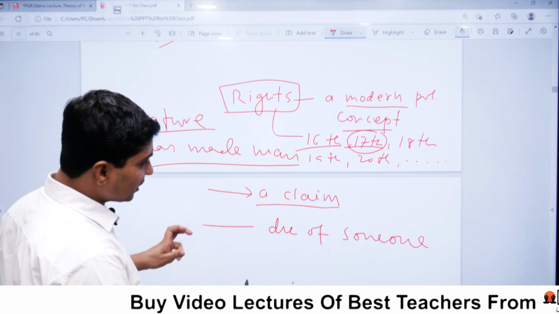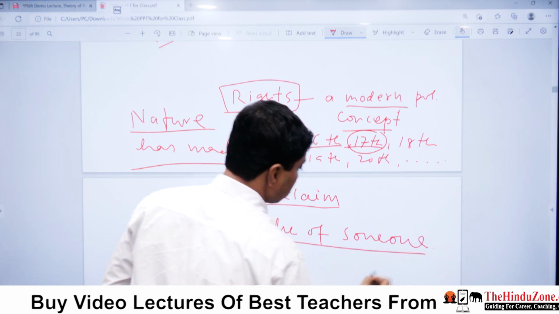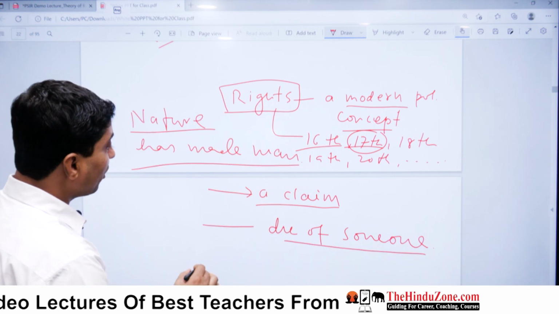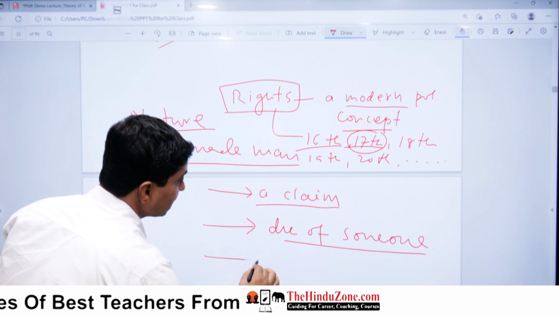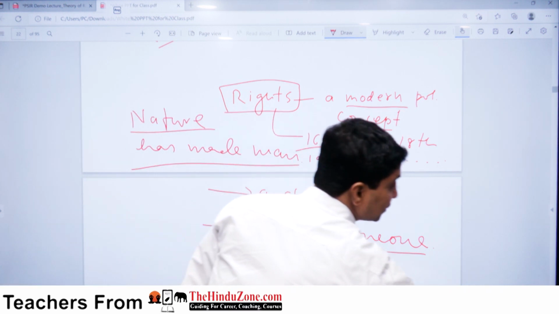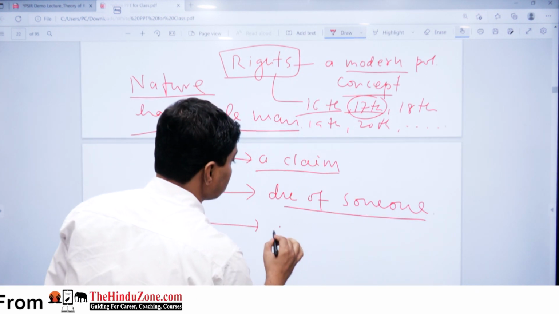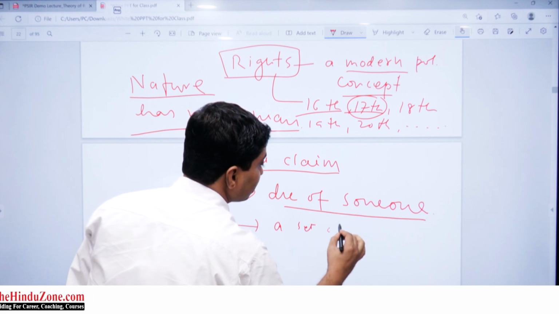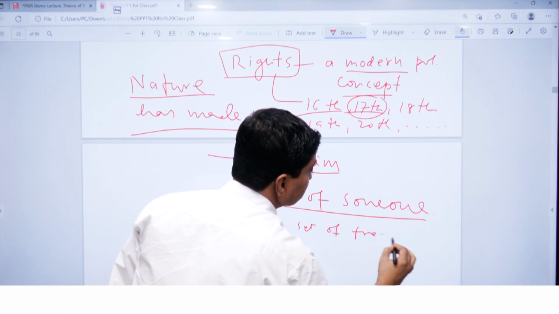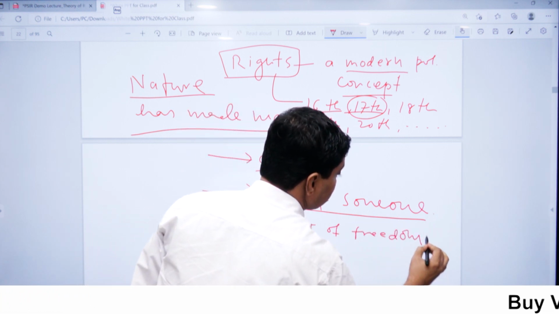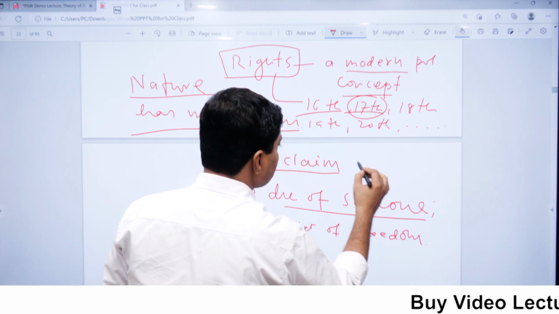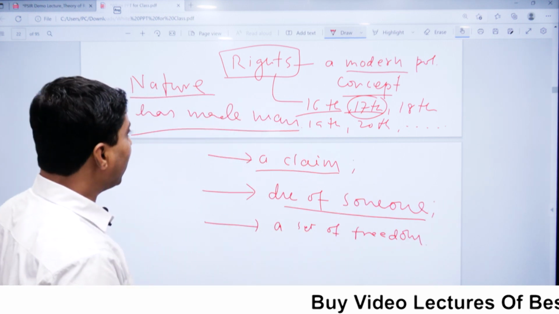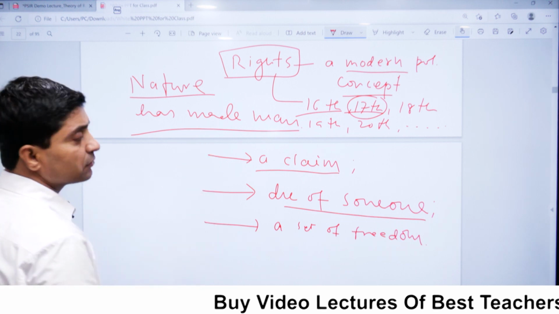So the second definition is due of someone. Third definition, right is a set of freedom. So I have defined rights in three ways.